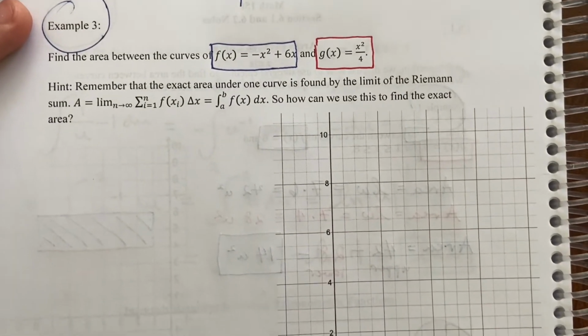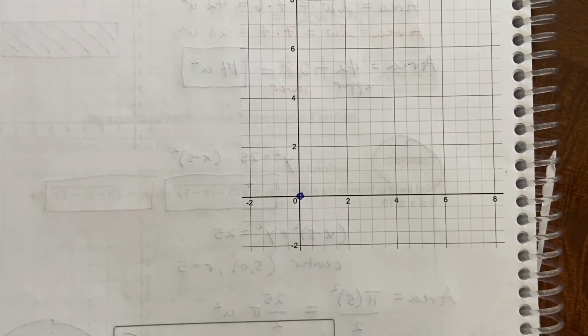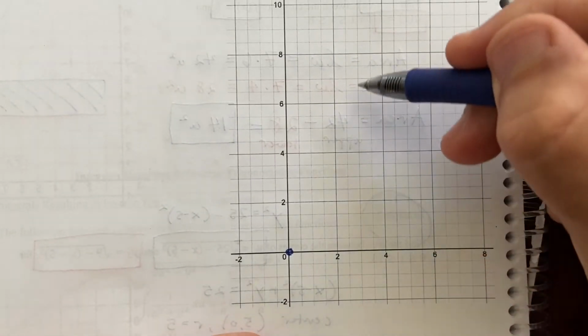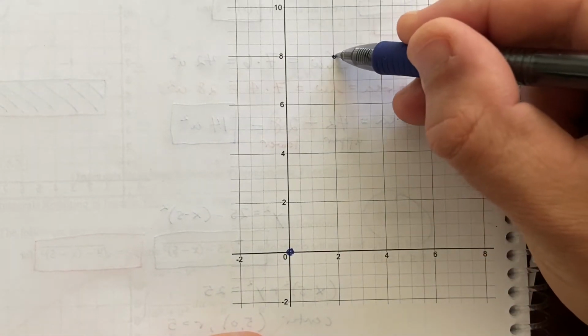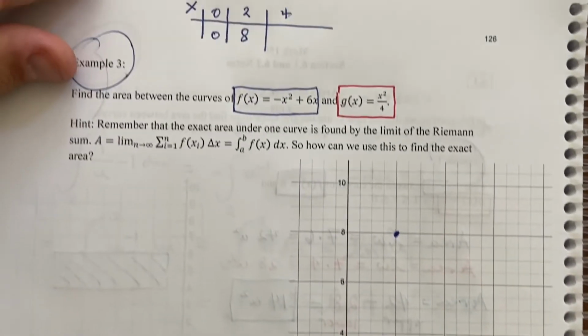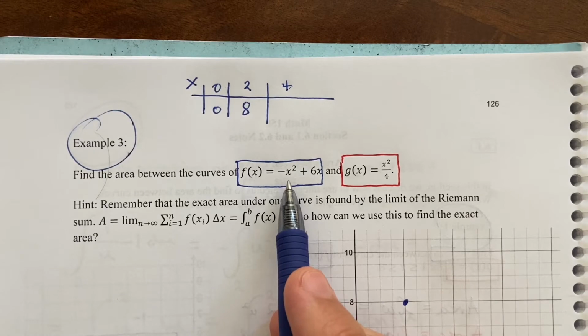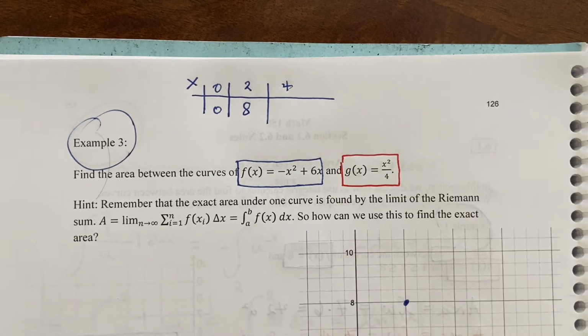Oh, let me plot that point first. So I had the point 2, 8. Now at 4, plug in a 4, I have -16, and then plus 6 times 4, which is 24.